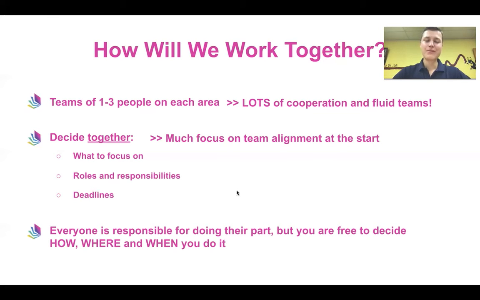We really want to push as much authority down to you as possible. So our job is to help you better understand what our students need and what the entire organization of Eureka needs. And then we are going to be relying on your expertise to tell us what is possible and to fill us in on the areas where we don't have enough knowledge.